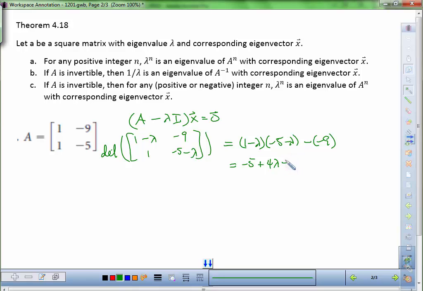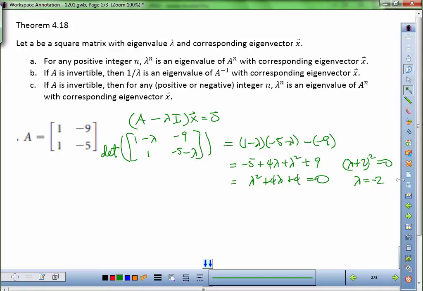Negative negative is a positive, and the 9 gives plus 9, so that's a 4. If we set the characteristic polynomial equal to 0, we can find lambda. I think this is lambda plus 2 squared. So lambda is equal to negative 2, is that right? So it has an algebraic multiplicity of 2.